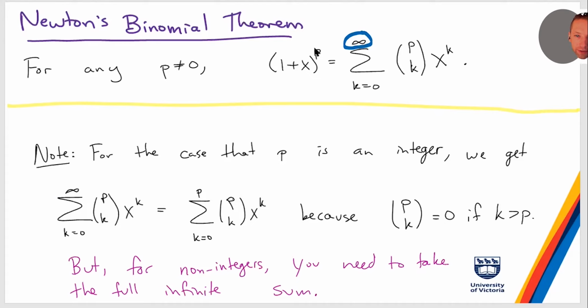Because if I plug in n, usually the sum goes from k equals 0 up to n, not k equals 0 to infinity. But the point is that if you plug in p equals n, then when k is bigger than n, n choose k is 0, right? I can't choose more than n things from n things.